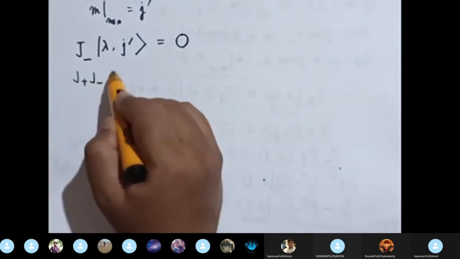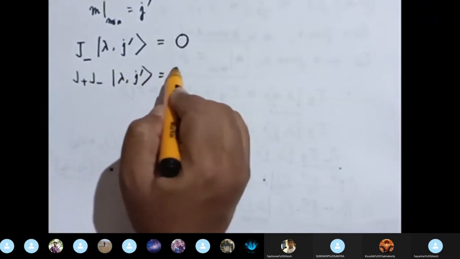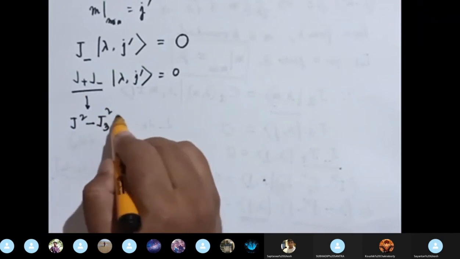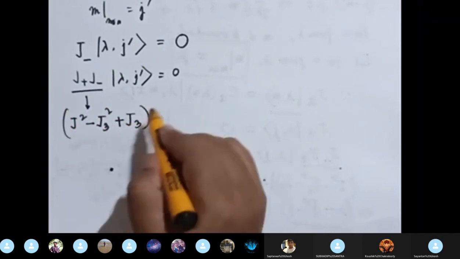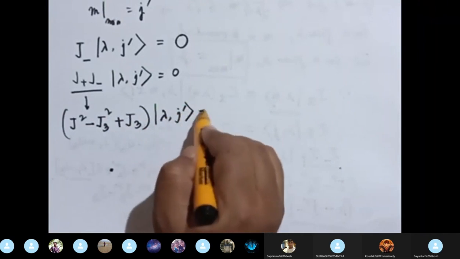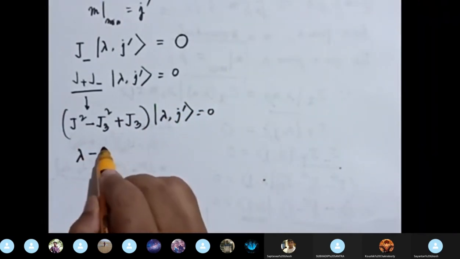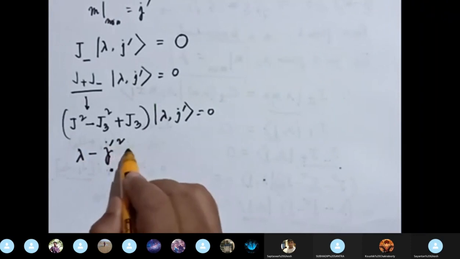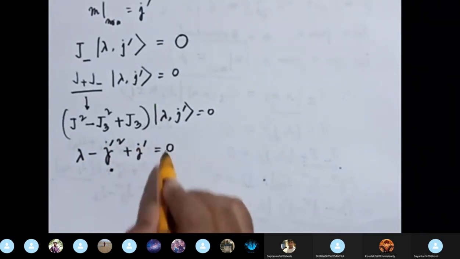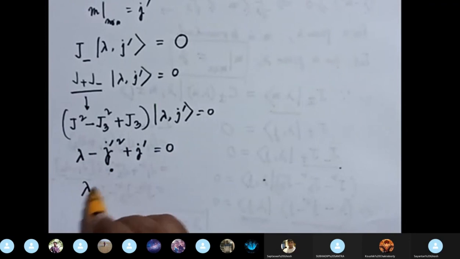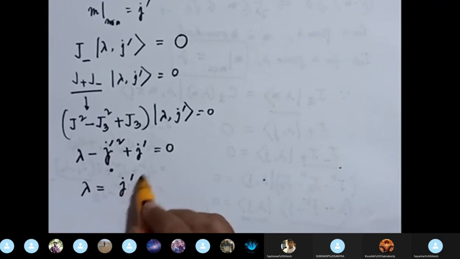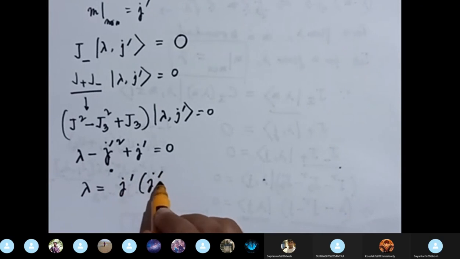Clear? So in a similar way, if you apply J plus J minus on this, you will get 0. And writing this, you can write this as J square minus J3 square, here it will be plus J3, or lambda minus j prime square plus j prime is equal to 0, which shows lambda is j prime into j prime minus 1.